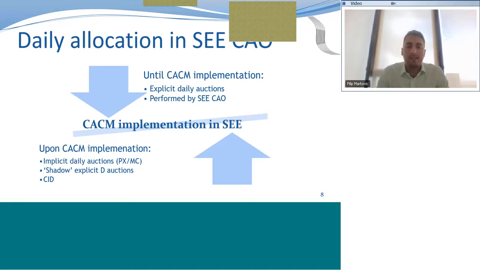Once CACM is applied, transmission capacities on daily level will be allocated implicitly via power exchanges during the market coupling process. When that happens, SEE CAO could continue performing shadow explicit daily auctions as a backup process for market coupling, and also act as a distributor of congestion incomes in accordance with market spread prices.